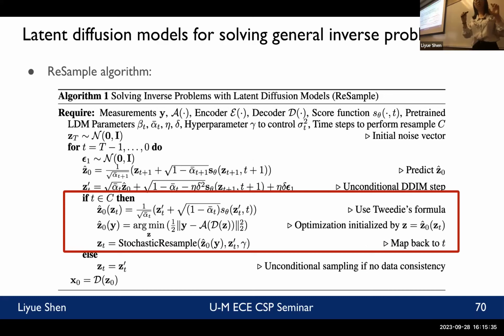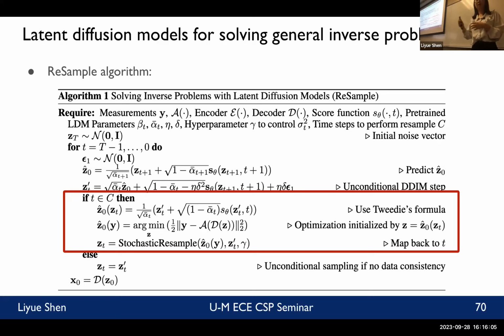So here is the whole resampling algorithm we are proposing. All the previous approaches are the encoding process, and also the Tweedie formula we use to predict the Z0 in each of the unconditional sampling steps. The key part is here: how can we inject this hard data consistency through the optimization with the measurements in the clean latent manifold?